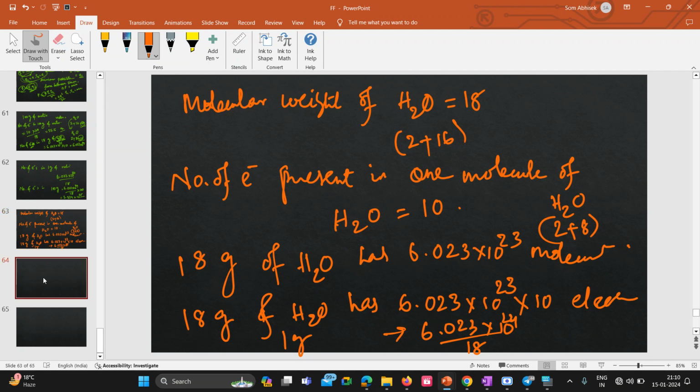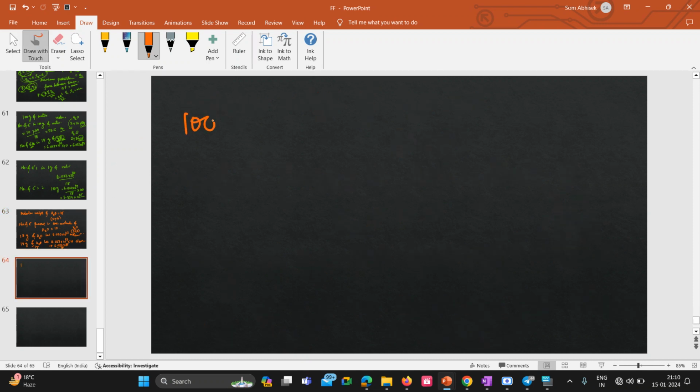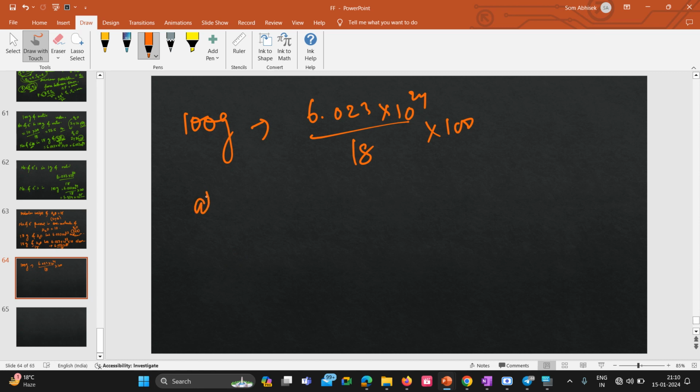Now 100 gram will be 6.023 times 10 to the power 24 divided by 18, into 100. Okay. So we know an atom is electrically neutral, isn't it? Atom is electrically neutral.